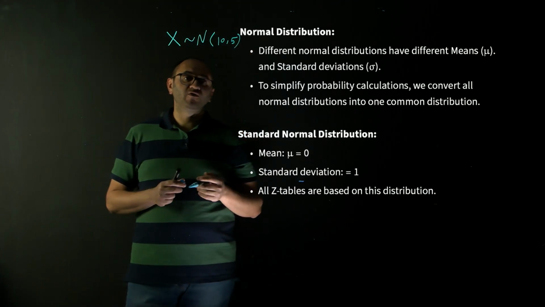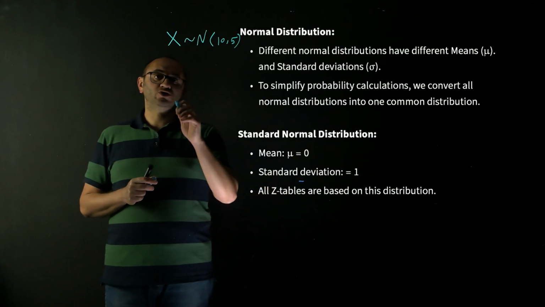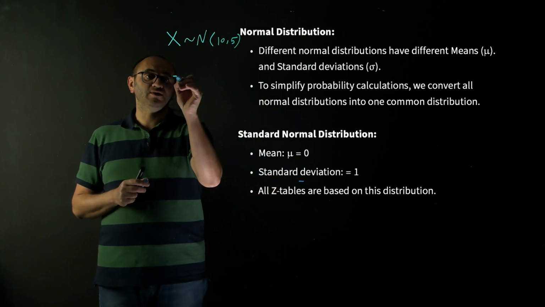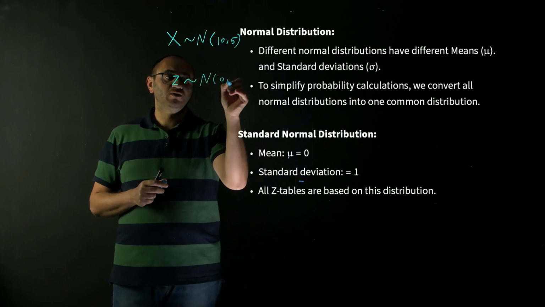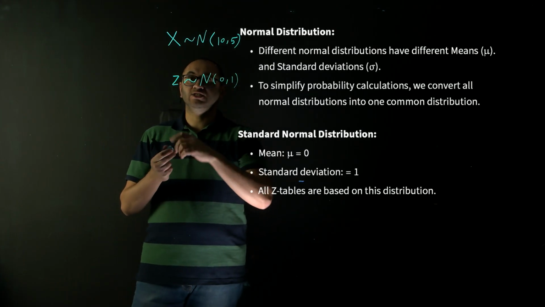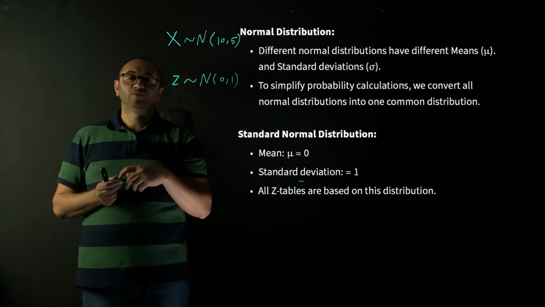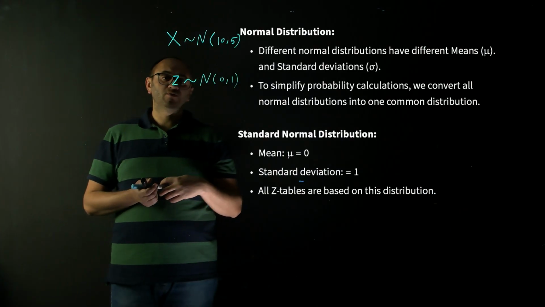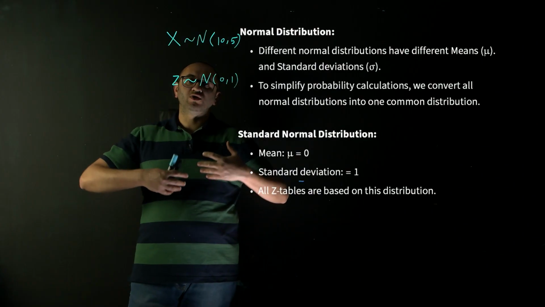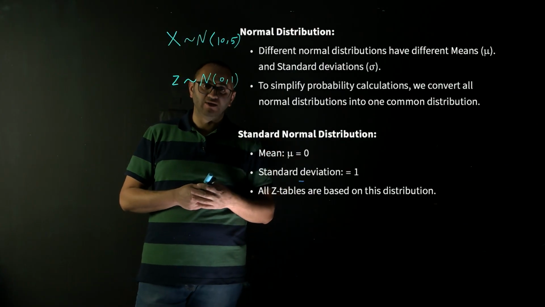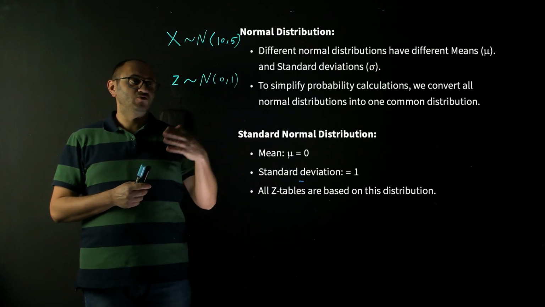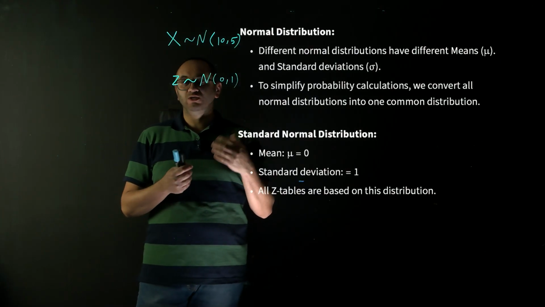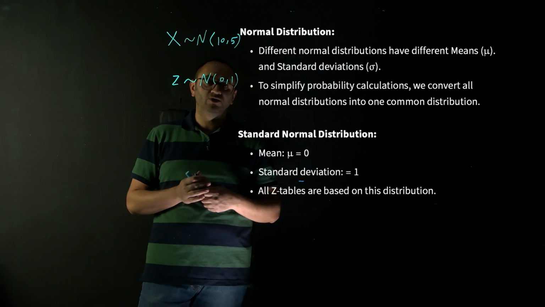Now, if we have a standard normal distribution, we call it Z, Z follows N(0,1). All right, so X is the normal distribution. If we have a standard normal distribution, we give it a name, we call it Z, all right? Z follows normal distribution 0 and 1, which means it follows a standard normal distribution.